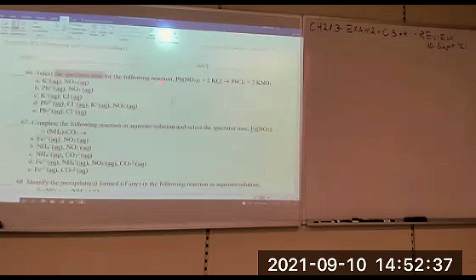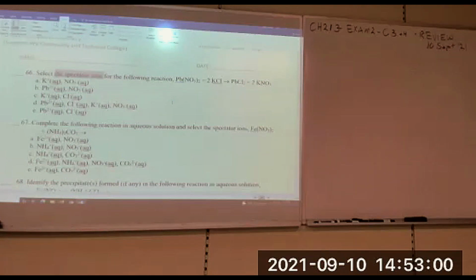If this is in an aqueous solution, all nitrates are soluble. So you got lead and nitrate on this side, ions. Potassium salts are soluble. So you've got potassium free ions and chloride free ions. On this side, we've got a solid right there. Lead chloride is a solid, lead 2 chloride.